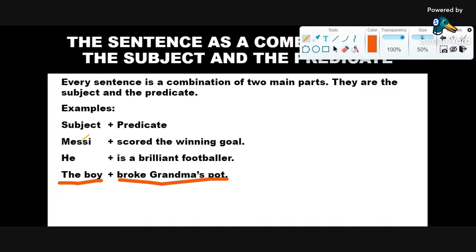So we have in the three examples, the first example, the subject is a noun, Messi, the name of a person. The second one, he, is a pronoun, a word used to replace a noun in a sentence. In the third example, the subject is the noun phrase, which is a group of words that does the work of a noun in a sentence. So that is exactly the way it is.